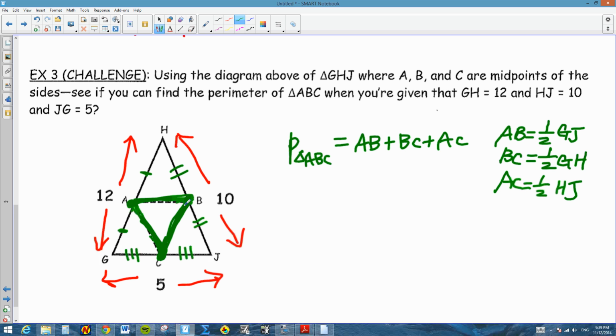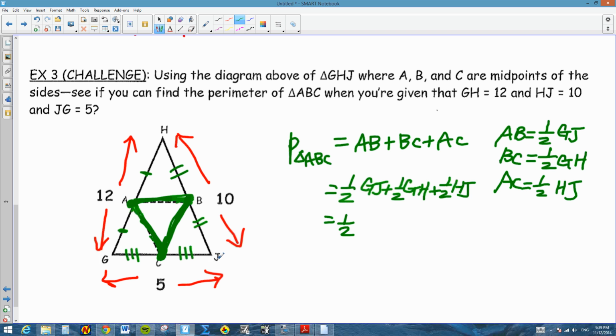Okay, so we substitute this in here. So what do we have? We have 1/2 of GJ plus 1/2 of GH plus 1/2 of HJ, and substitute the numbers in here. 1/2 of what?